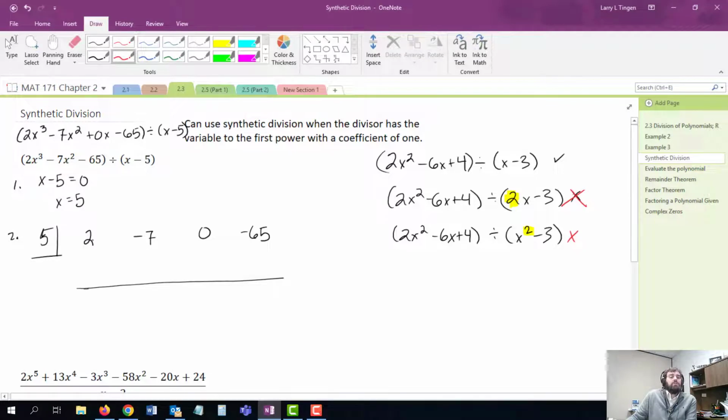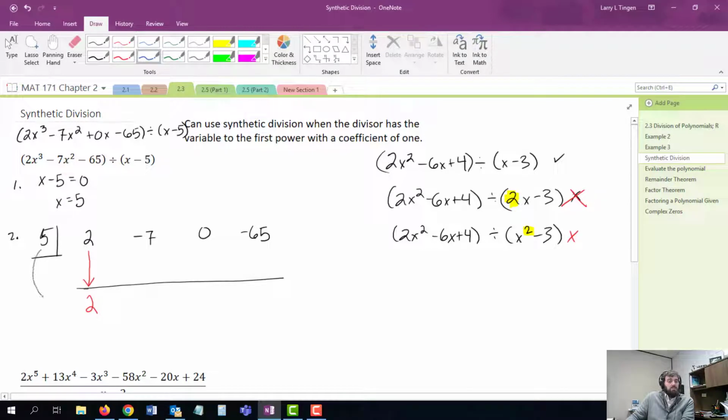Okay. The first thing that happens is the leading coefficient gets brought down and is part of the new quotient. Once that process begins, pull down that leading coefficient, and now I'm going to take the 5 over here in the box.